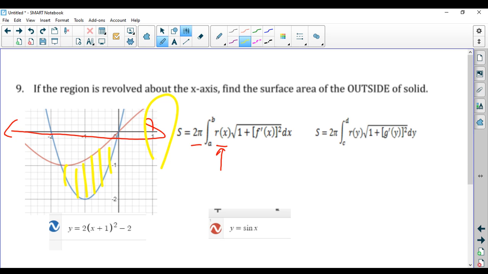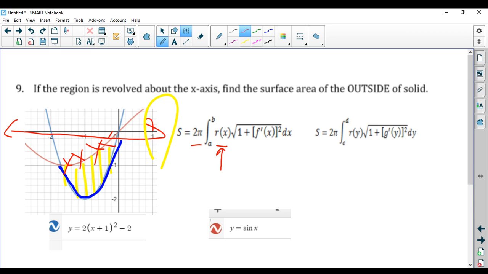If you think about what that solid is going to look like, the outside will just be this part of it. This will all be inside of it. You won't even be able to see that after you revolve it around. So this is an easier question than it looks like.